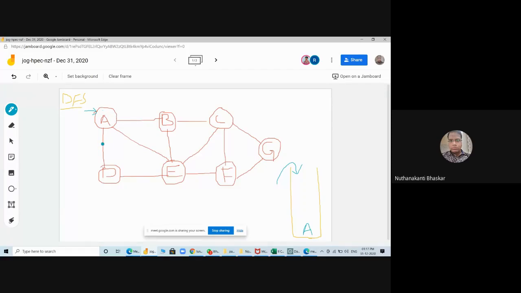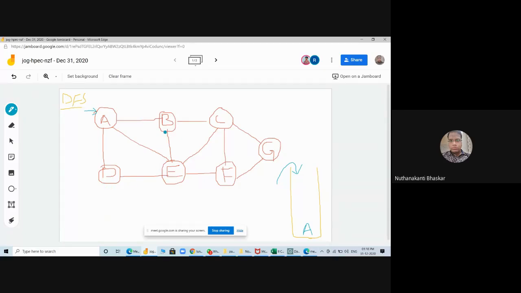Then the third step: we need to find adjacent nodes. What are the adjacent nodes for A now? B, D, and E. Three nodes are there. Yes or no? Out of these three, you can visit any one unvisited node. These three nodes are unvisited.